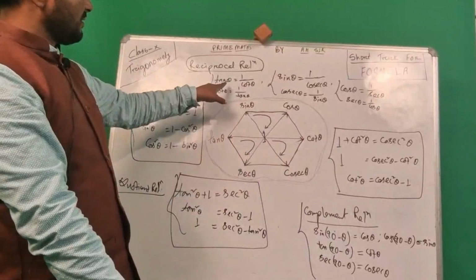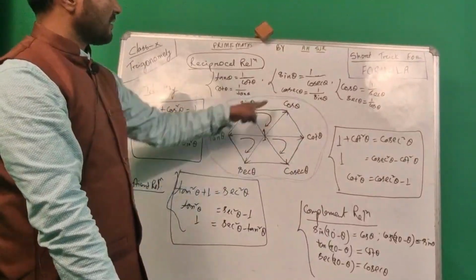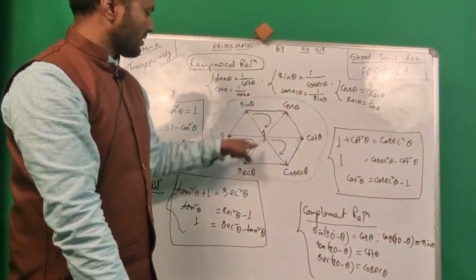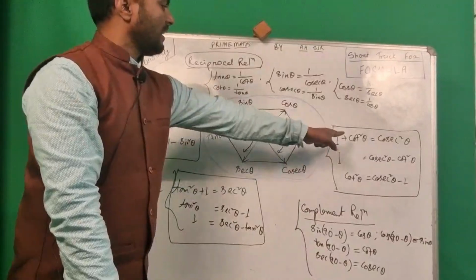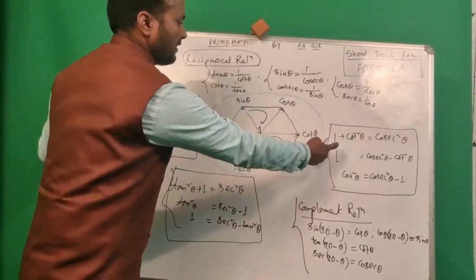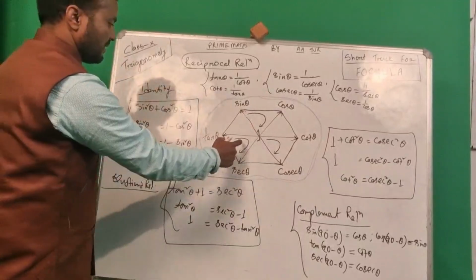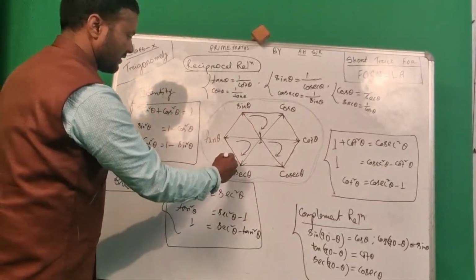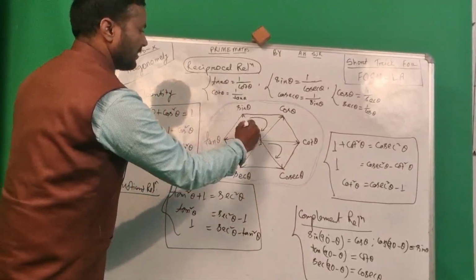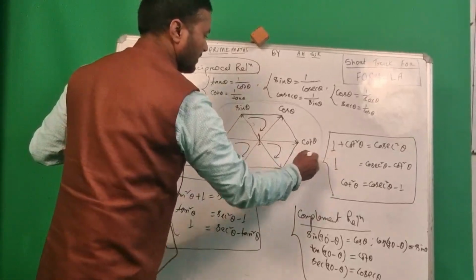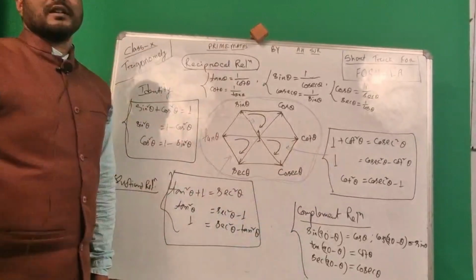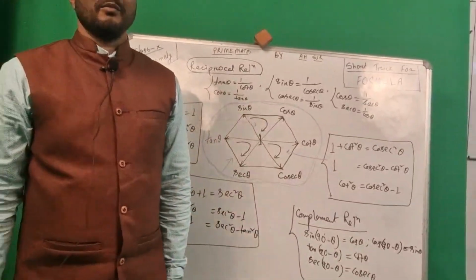So these relations come from opposite arrow marks. This also: sine cosec, cosec, tan cot, and these relations come from these triangles. This is from here, this is from here, and this is from here. So this is the shortcut technique to remember the trigonometrical formulas.